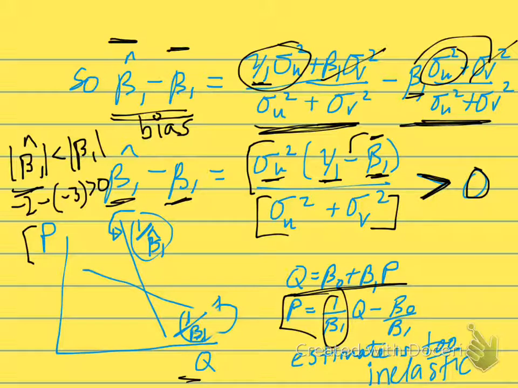So the slope of our demand curve is biased to be too steep. That's what we mean by saying it's biased to be too inelastic. So that's the direction of the bias from the simultaneity: it would appear that we have a very steep demand curve when the true demand curve is actually flatter than it is.